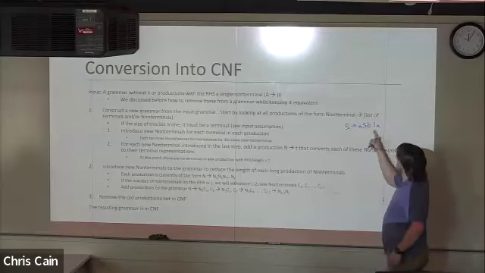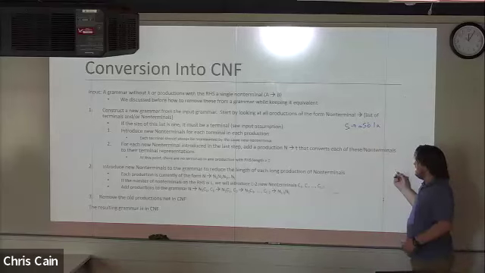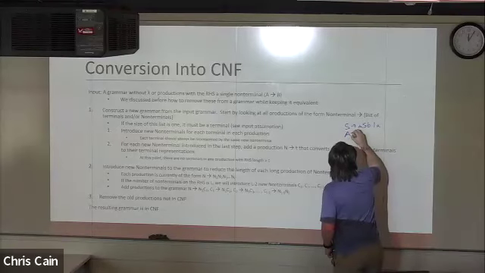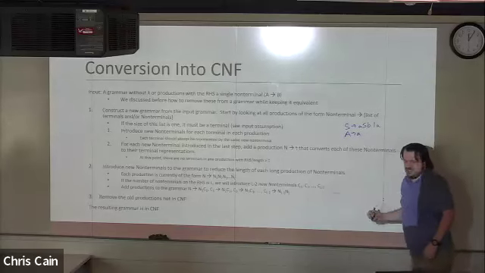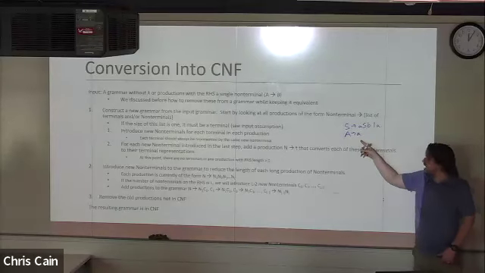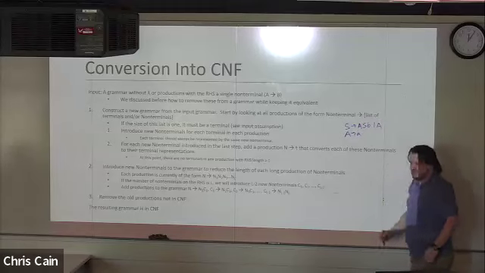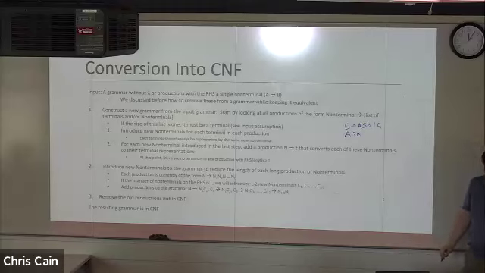It doesn't matter. For every terminal, we're just going to create a non-terminal that maps directly to it. So we could introduce this, which is in CNF. And now we can replace every place we see that terminal with a non-terminal in the rest of the grammar.